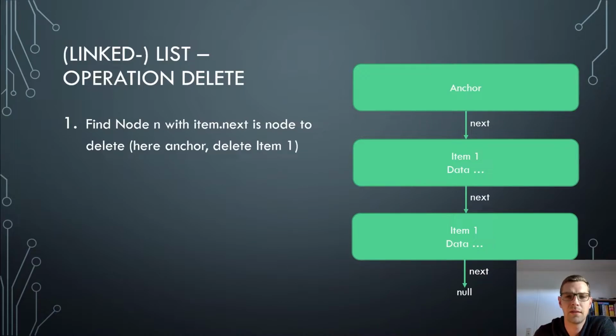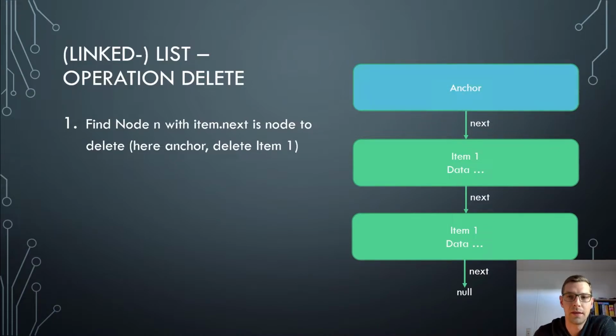There's a little mistake in the slides, where there should be item 1, item 2 and not item 1, item 1. But anyway. Imagine we find our node n where n.next is the node that we want to delete, for example here item 1. So we have anchor, and anchor.next shows the data of item 1.